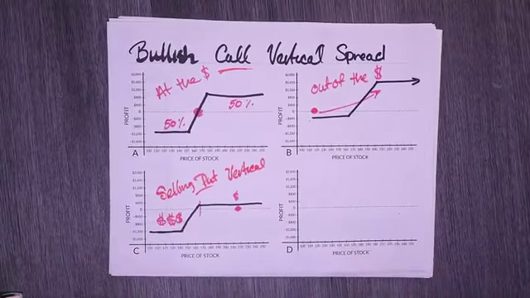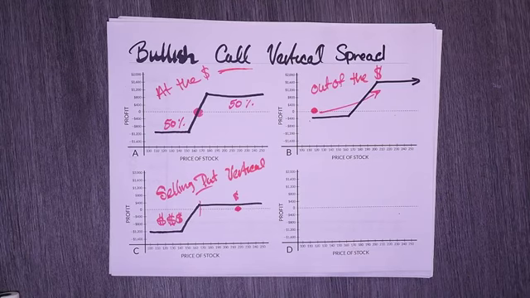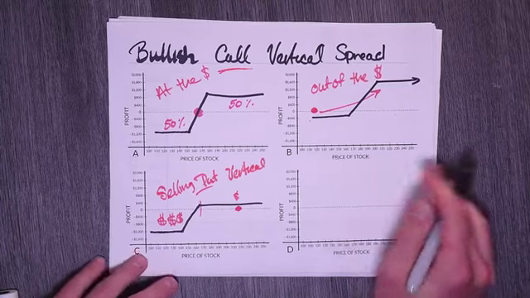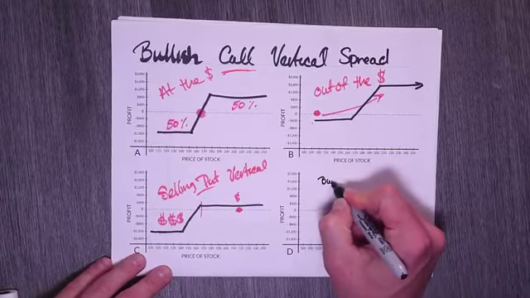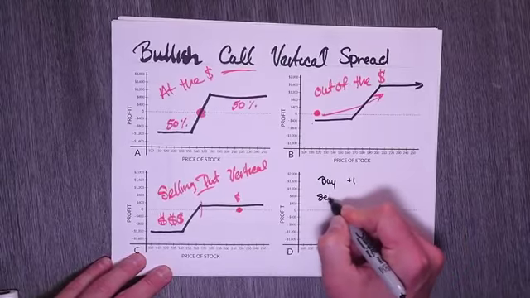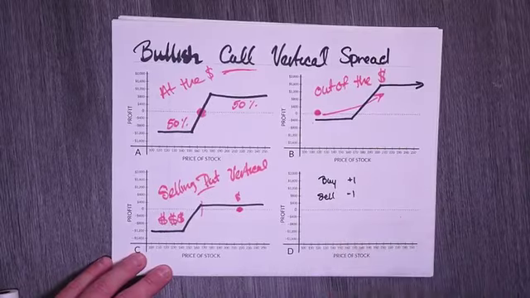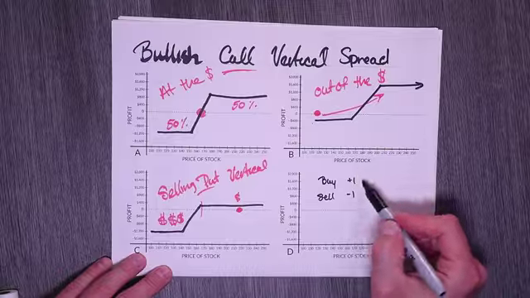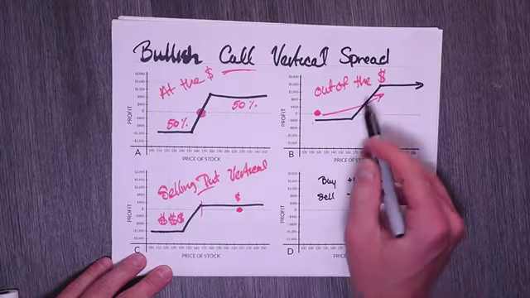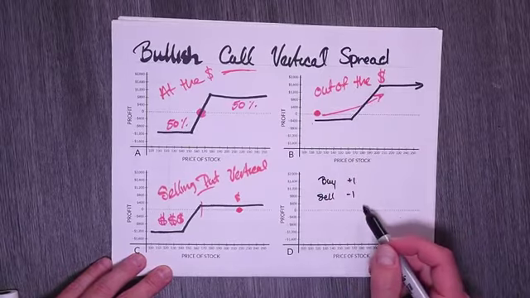So if you don't know what a vertical really is right now, I just want to break it down for you. Really what you're doing is you're buying one option, you buy one, and you sell one. Okay. In our case, depending on how this is set up, this creates this profit picture.